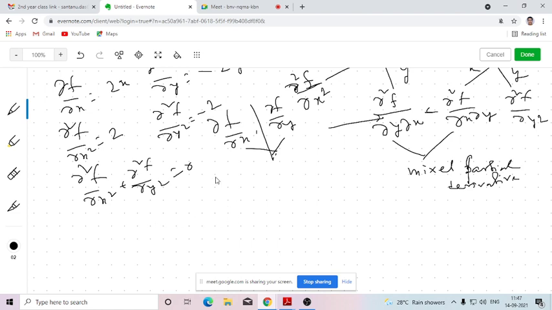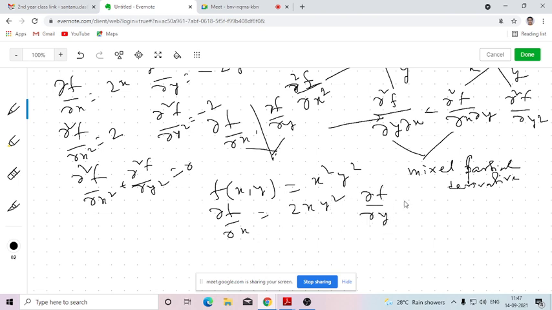But if I give you the function f(x,y) as x square y square, then what is del f del x? 2x y square. Del f del y is 2y x square.